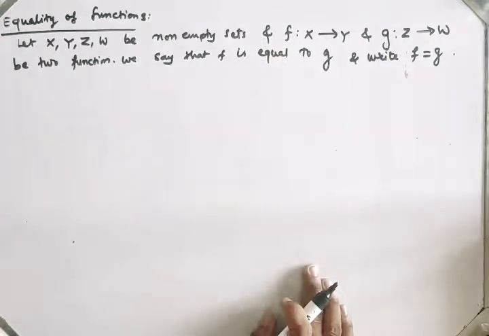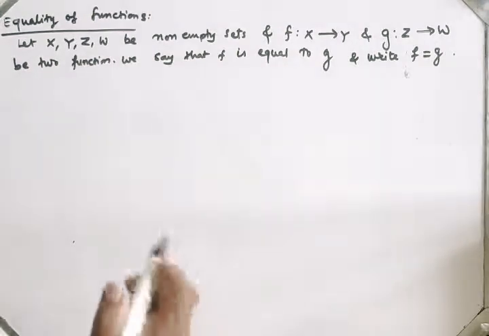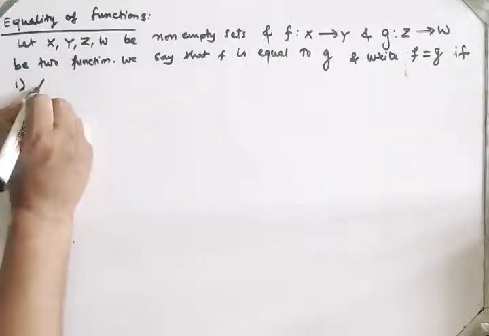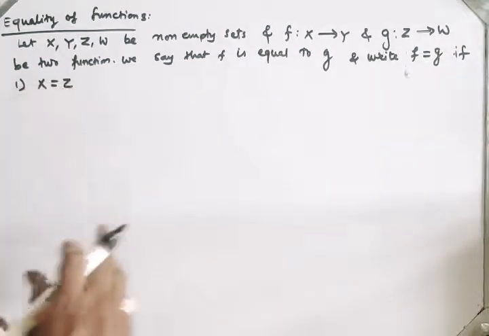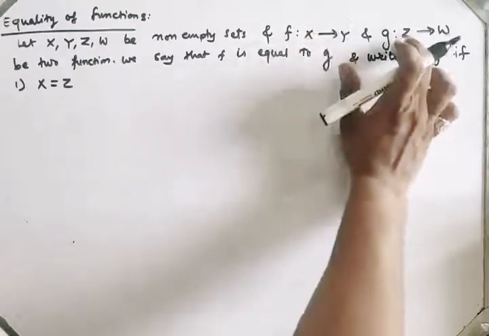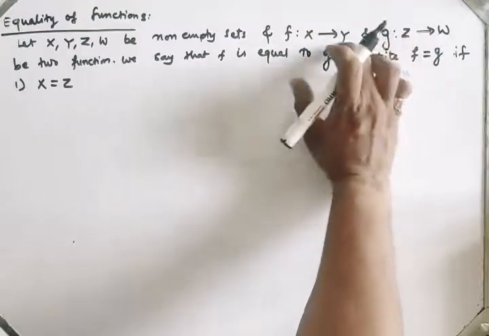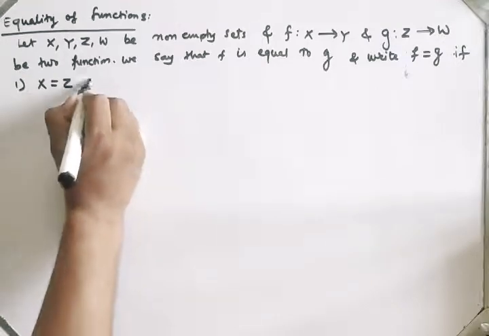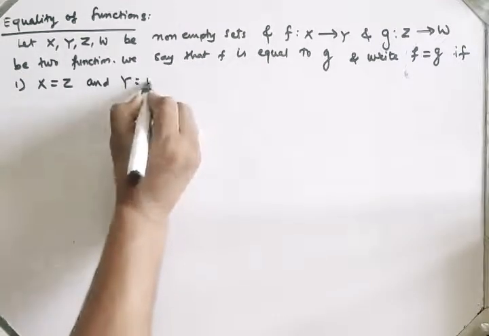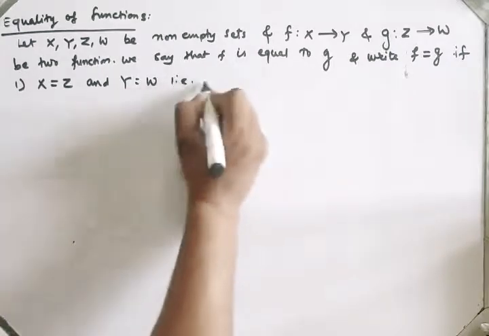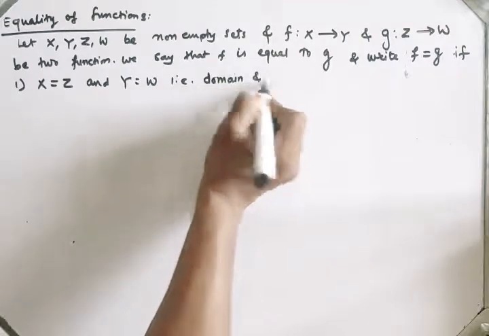Then we say that the two functions f and g are said to be equal if, first condition, X must be Z. So set X and set Z are the same and set Y and set W are the same. So X is equal to Z and Y is equal to W, that is, domains and codomains of f and g are equal.